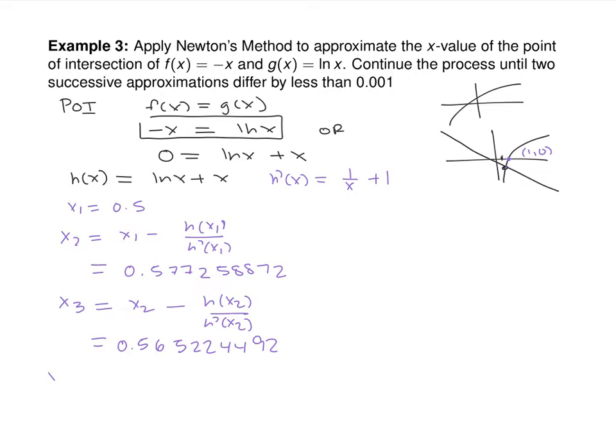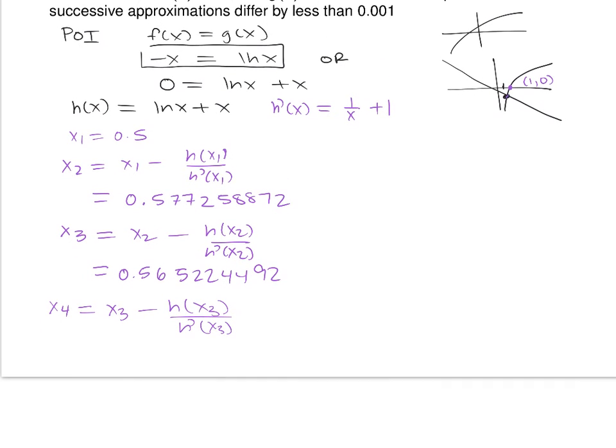And then for x4, which is x3 minus h of x3 over h prime of x3. Do you want us to write the formula every time? No, I'm just doing it to be super conservative. 0.567141214. I don't know why I stopped there because I really shouldn't have.